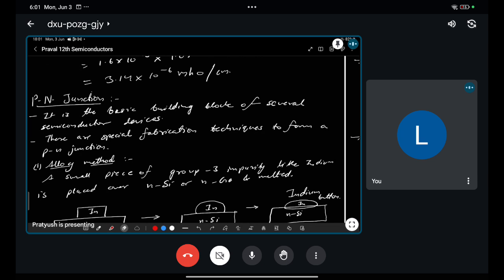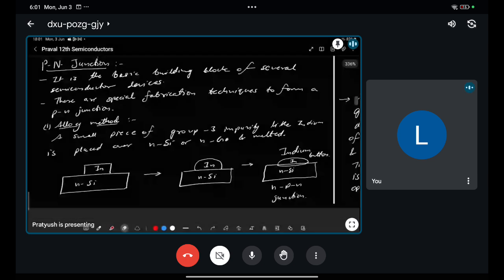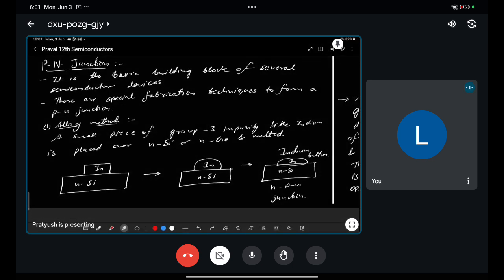With the help of this PN junction, we have formed all of these electronic devices. Now there are special techniques with which this can be made. First one is the alloy method. In the alloy method, a small piece of group 3 impurity like indium is placed over N silicon or N germanium and melted.